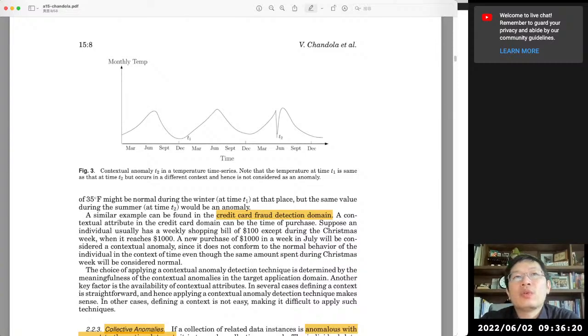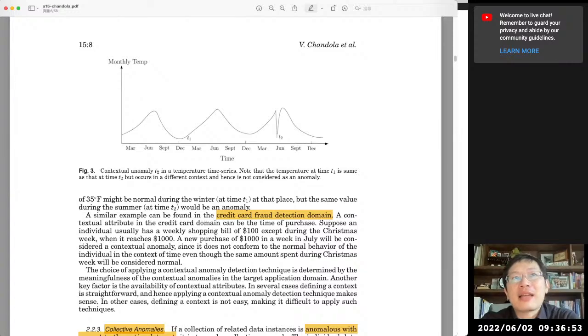But T2 is a time series, right? T2 is at June. So from the context, it should be some temperature, maybe between 28 and 35. Such a low temperature should not exist between May and July.